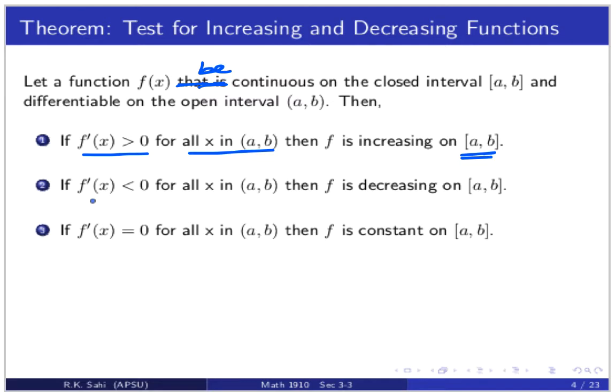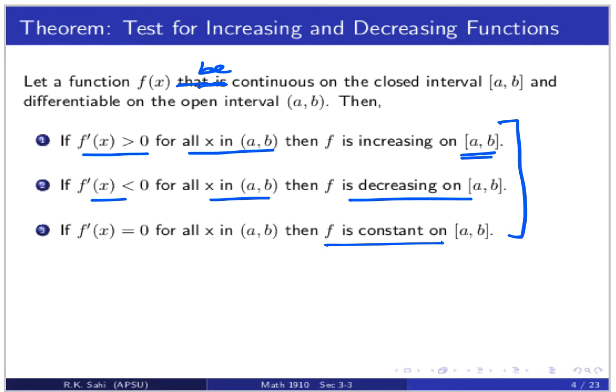If the derivative is negative for every x in the open interval a to b, the function is decreasing on that closed interval. And if f prime of x is equal to 0 for every x in this open interval, we say the function is constant. This is a very important test which will help us find whether a function is increasing or decreasing, and also give us the intervals.